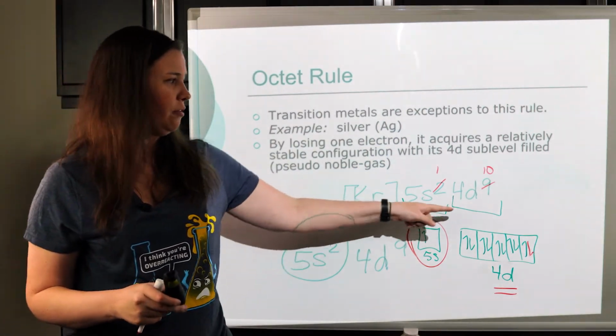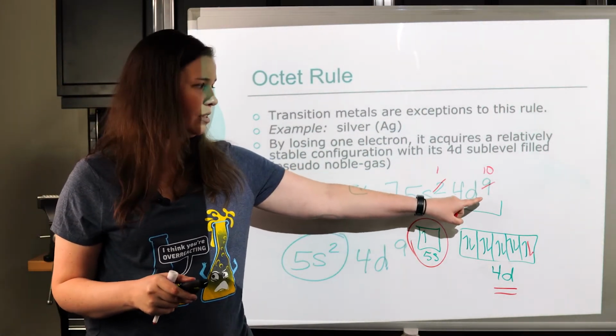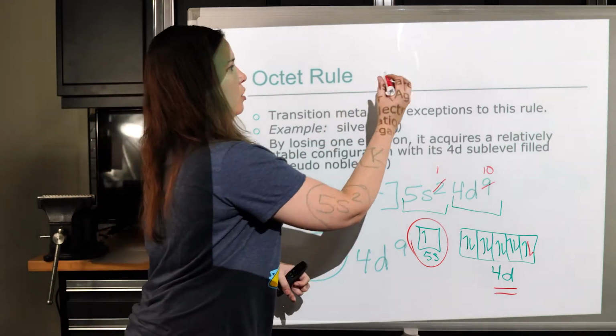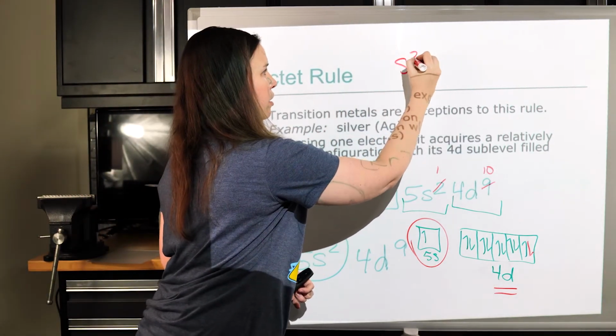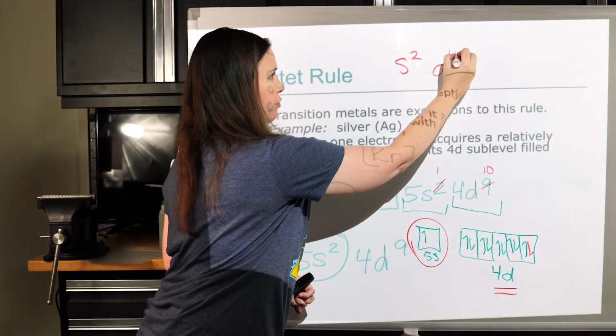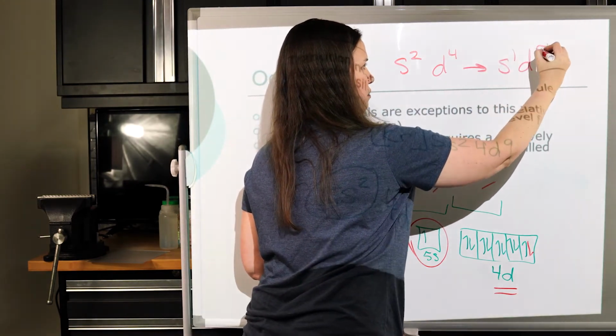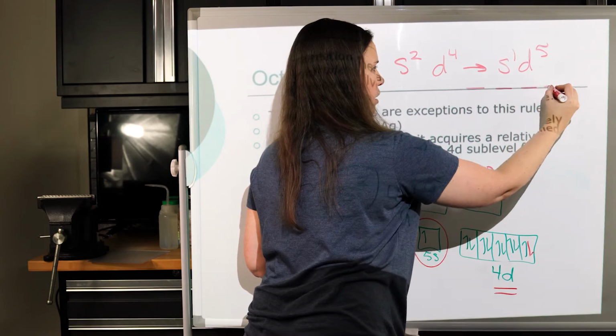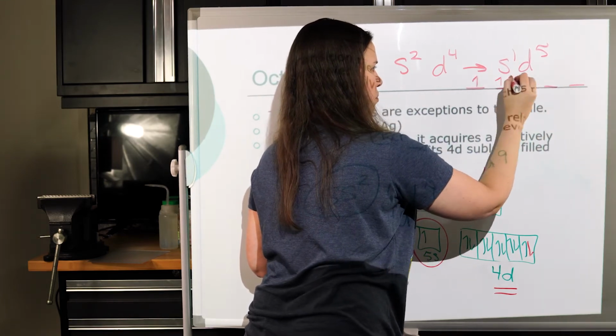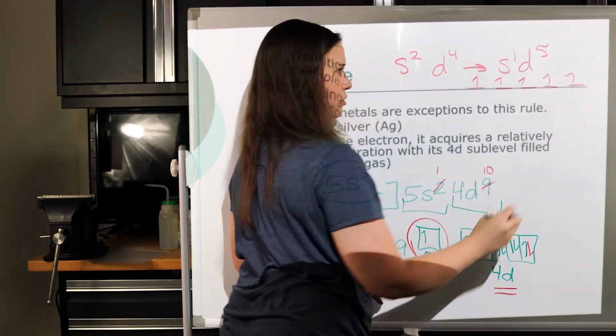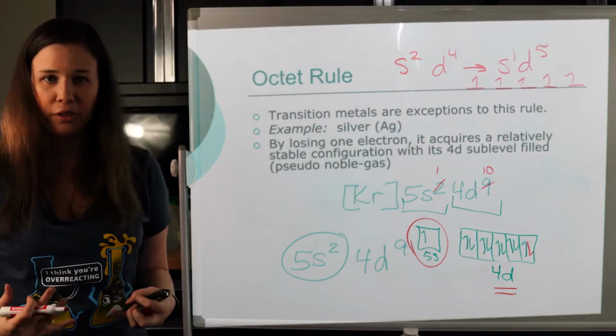So this will happen for any transition metal that ends in the number 9. It will actually also happen if you have s2, d4, that will become s1, d5, because my 5 orbitals, being exactly half full, also has a certain stability to it.